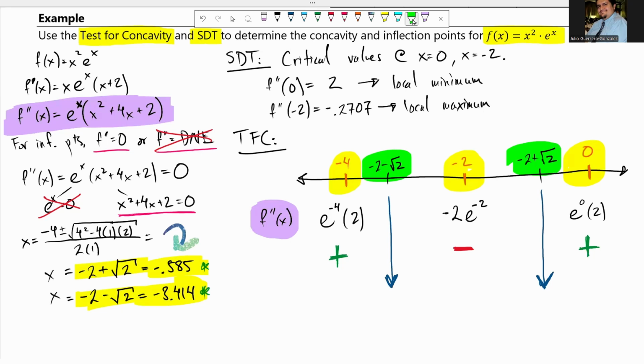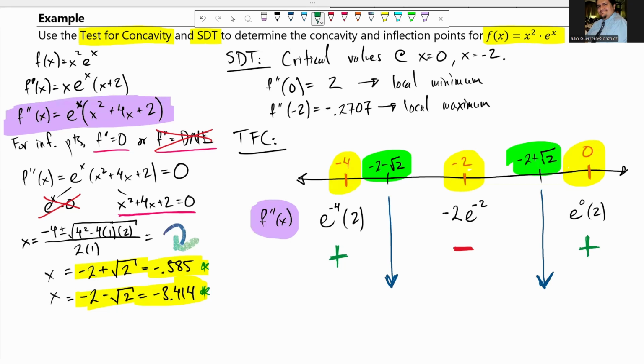We have the signs before and after each one of these inflection points, so we should be able to determine what the concavity is. And it's just exactly how you think it is.